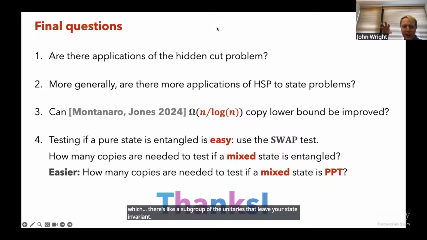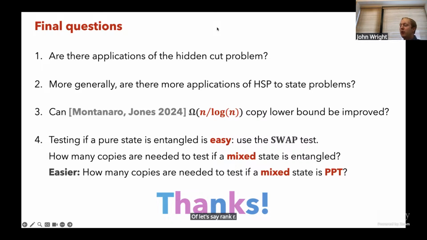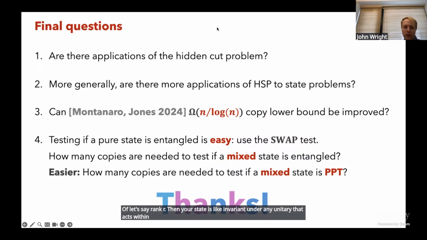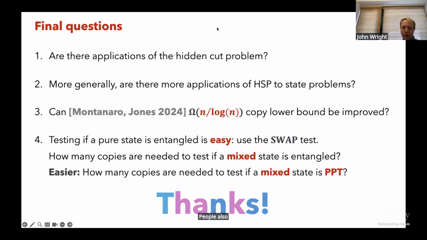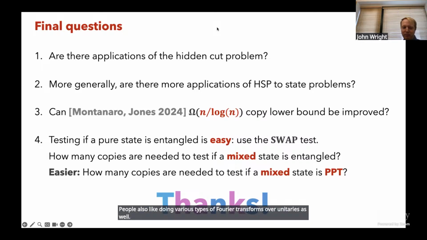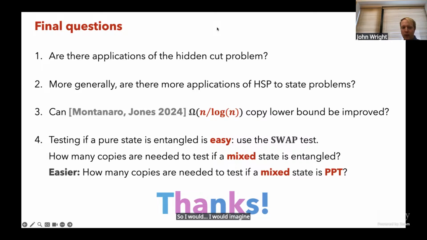For example, if your state is just a projector onto some subspace of, let's say, rank R, then your state is invariant under any unitary that acts within that subspace. That's a kind of subgroup of the unitaries. People also like doing various types of Fourier transforms over unitaries as well. So I would imagine that these sorts of techniques, and maybe this way of looking at it, could be useful for those sorts of things.